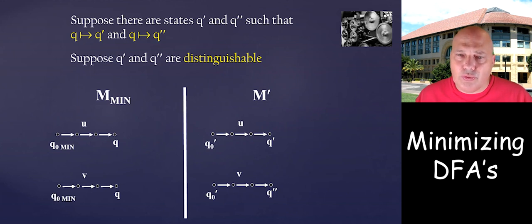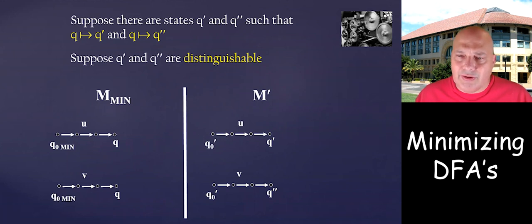So if we mapped q to q prime, then we mapped it recursively. And we can trace our way back and find a sequence u that made us essentially map q to q prime. And similarly, v that made us map q to q double prime. Right? The way we map states to each other is by this recursive operation that always starts with the fact that we mapped q0 min to q0 prime.